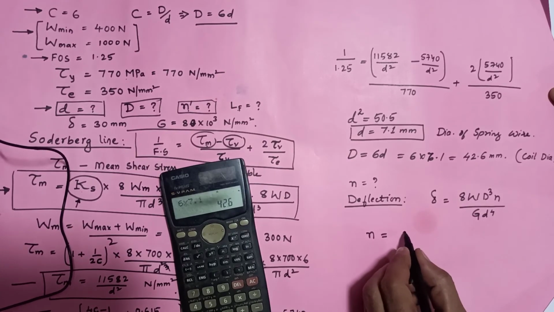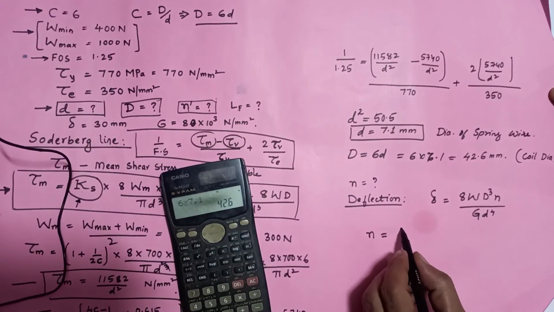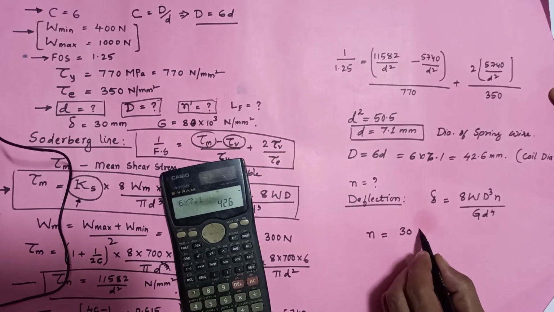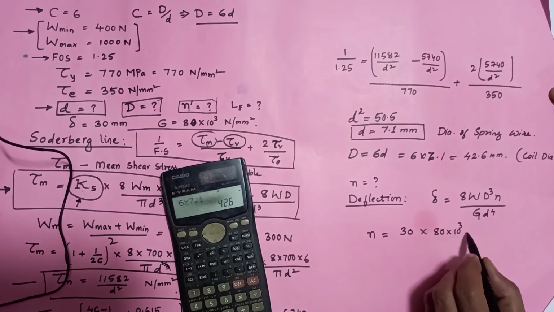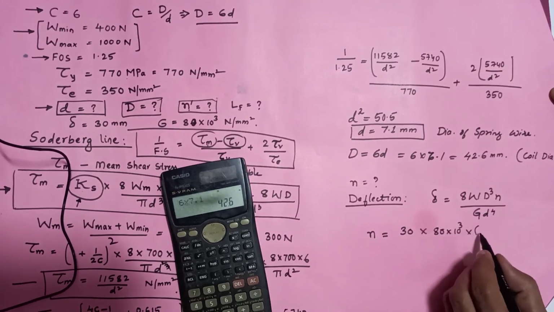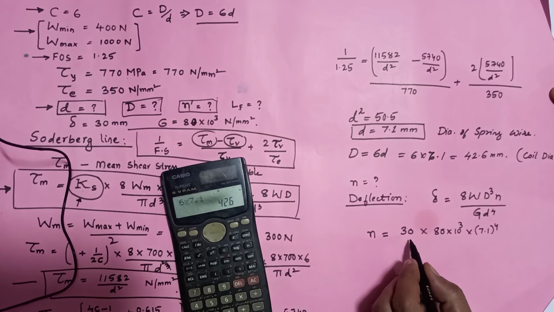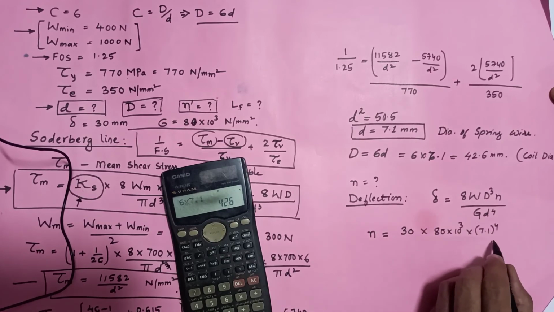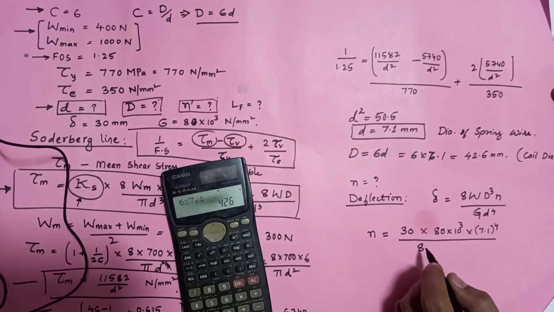So n is equal to the delta value, given as 30 in the question, and the G value is also given as 80 into 10 power of 3, into d power of 4. The value of d is 7.1 power of 4, by 8W, where W is the load.